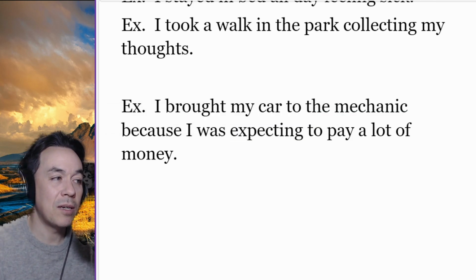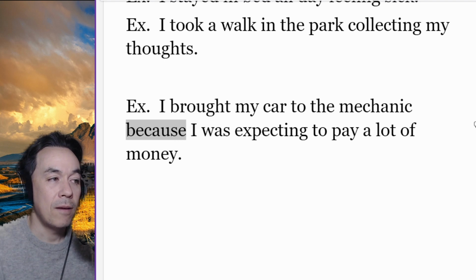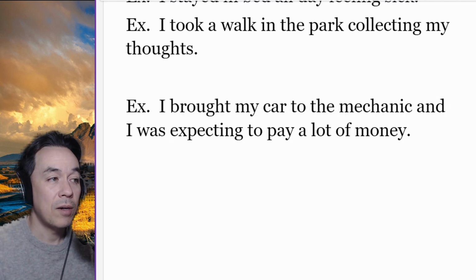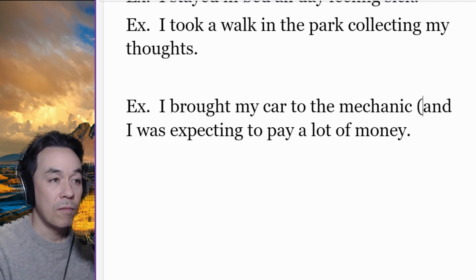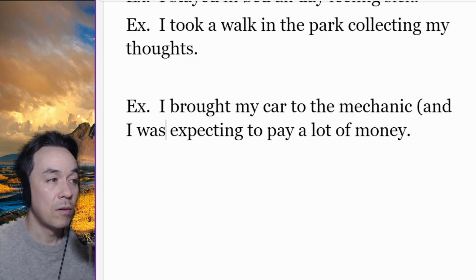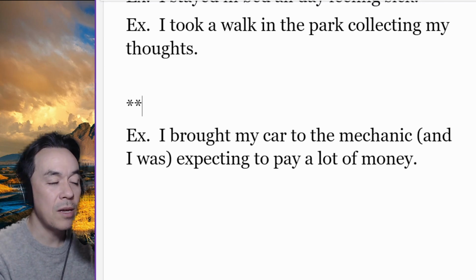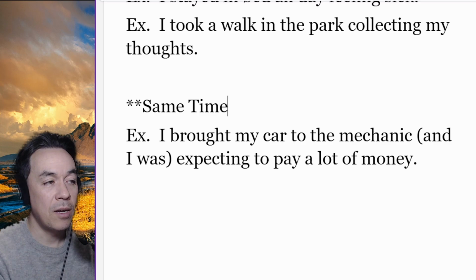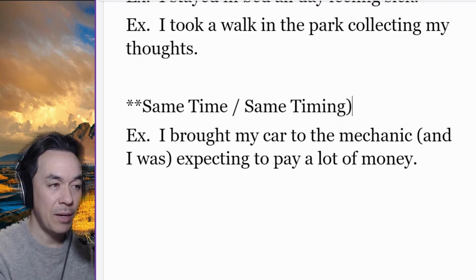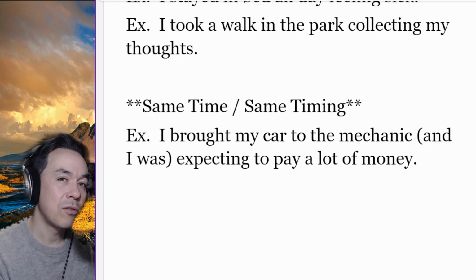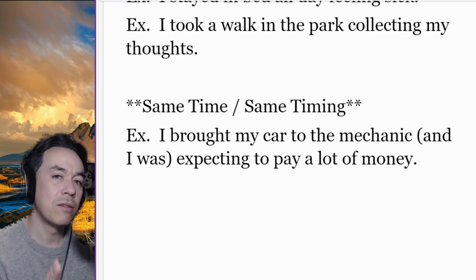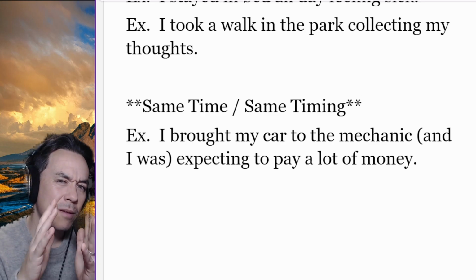So here it would be, and I was expecting, which is cut. Okay, so you could also think of it this way. Another way is that things are happening at the same time, the same timing, right? So these are two actions that are in the same time, right?